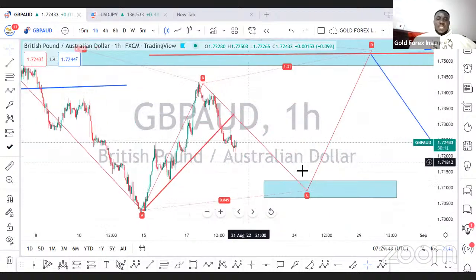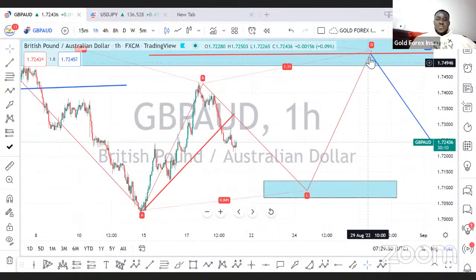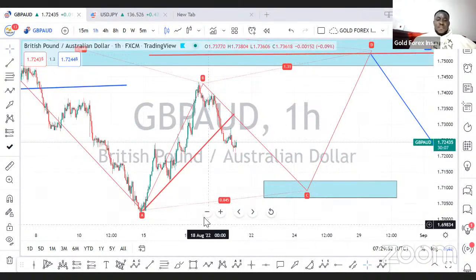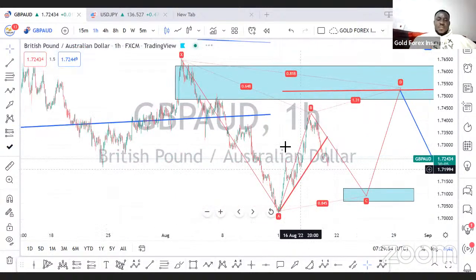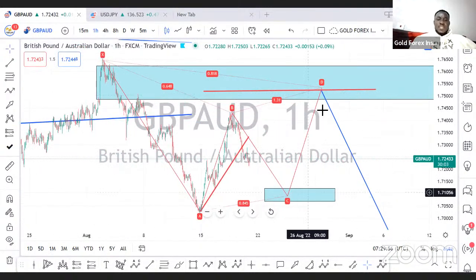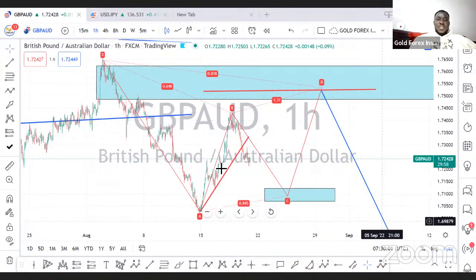Once it gets this, I'm expecting a buy move to complete the D, forming a flat correction, which will form an ABC flat correction like this. It will form a Gatling pattern. Then we are going to have a big sell move.